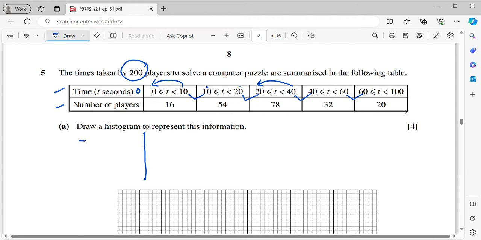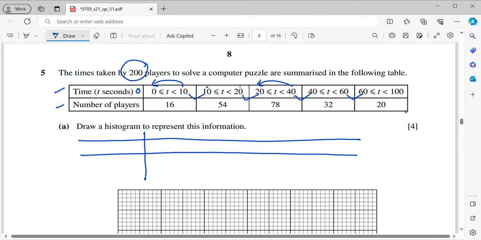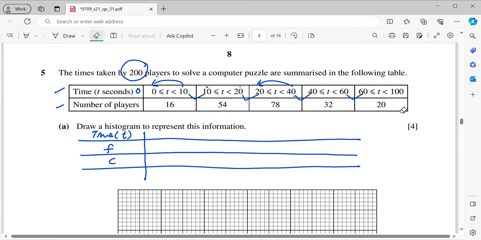So I need to add on 2 calculations. This is the time T, this is the number of players. Then I have to calculate the class width, which is C. Then this is the frequency density, which is F over C. So for the first one, it will be 10.